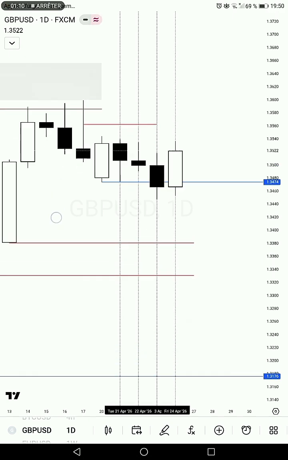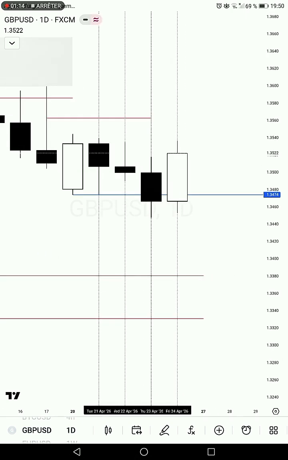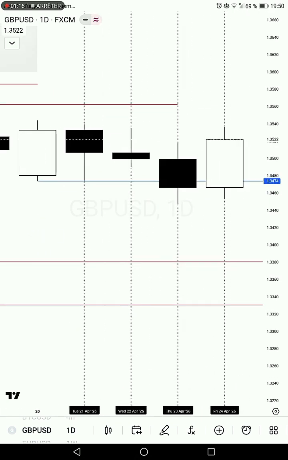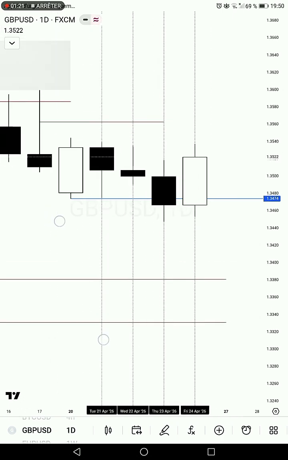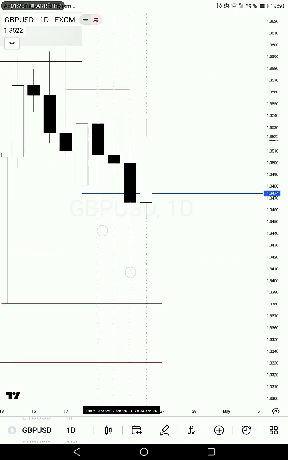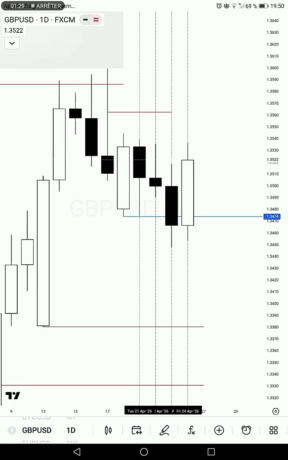So right here you can see clearly that I marked out Tuesday candle, Wednesday candle, Thursday candle, and Friday candle. Overall, we are bearish. We are in a bearish order flow, and right here, Monday just ranged.